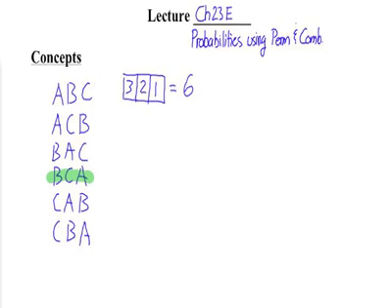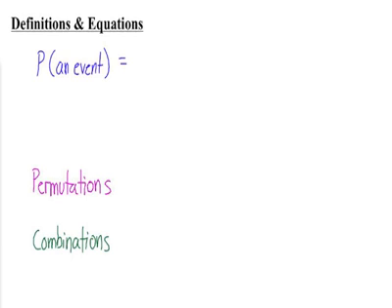Well, remember that probability is simply the number of ways that we can get a specific outcome like BCA. In this example, there's only one way we can get it, divided by the total number of possible outcomes. Well, there's 6 total possible outcomes, so the probability of drawing BCA out of a hat of 6 tiles would be 1/6.